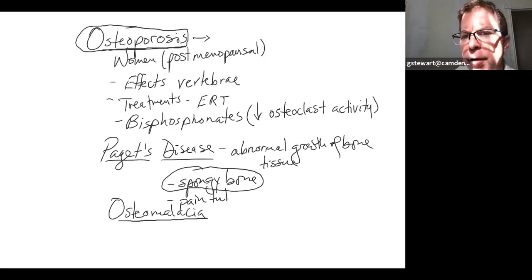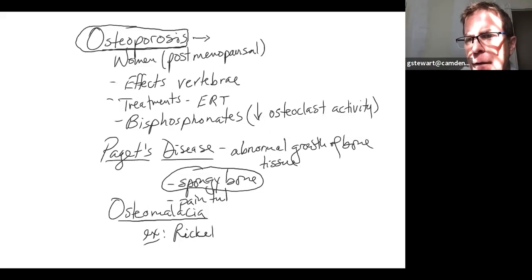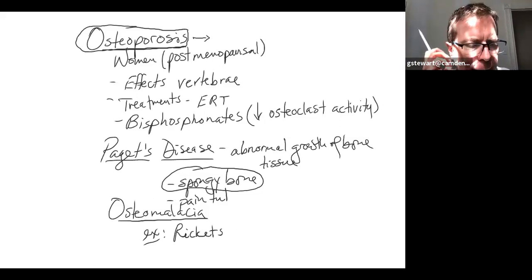You've probably heard of the term rickets, which affects young children. This is poorly mineralized bones in children specifically. The deformity describes bones that are quite deformed, like bowed legs and large non-fusing epiphyseal plates.